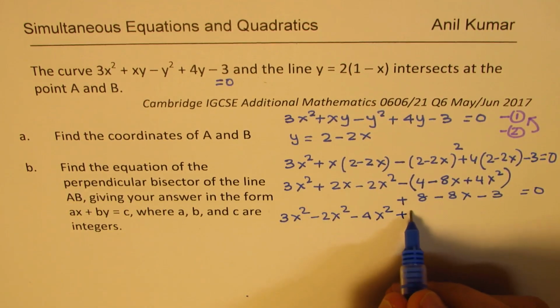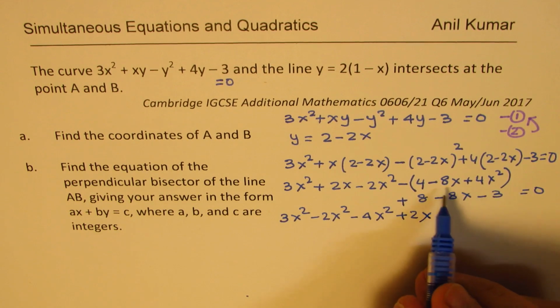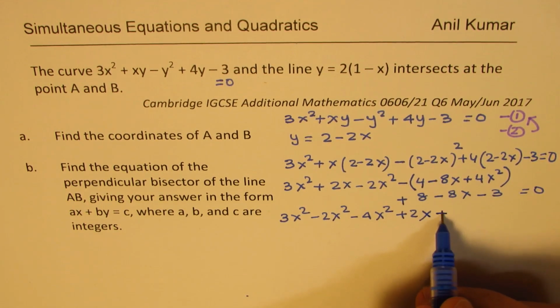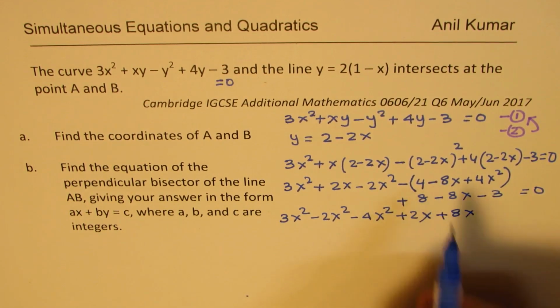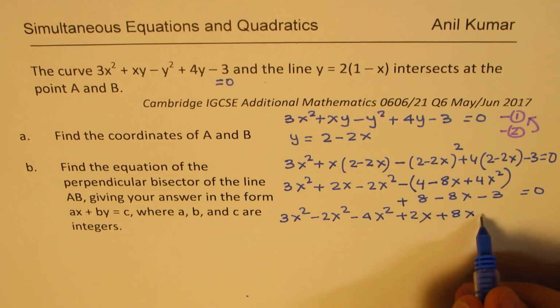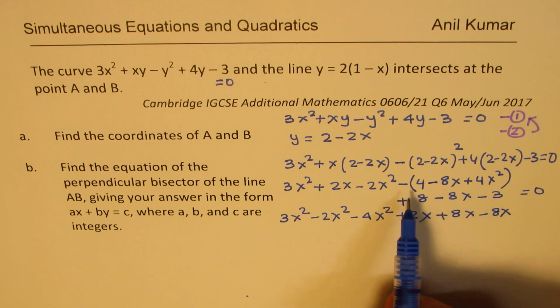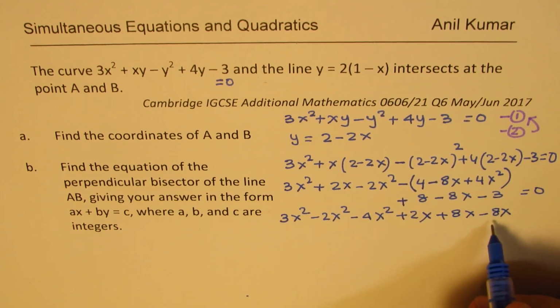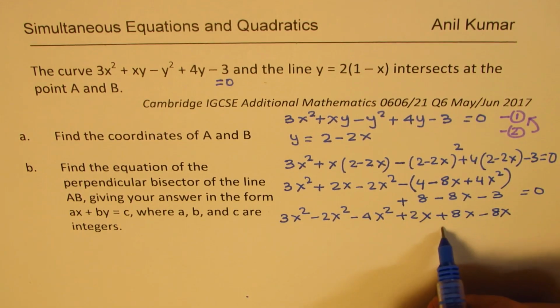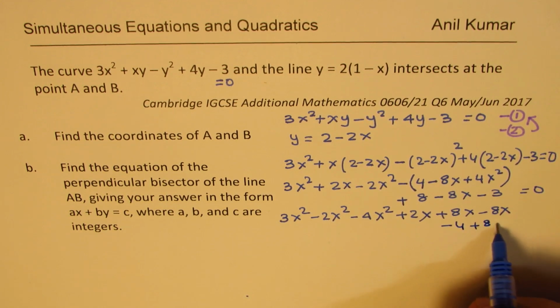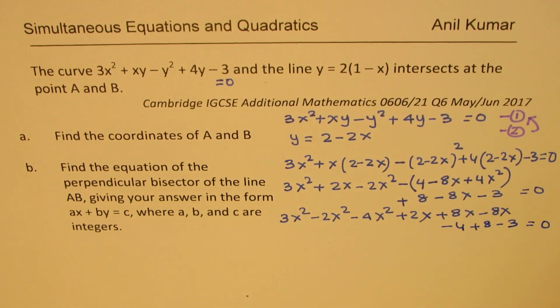We have plus 2x, so I'm collecting the like terms, that's the whole idea. Minus minus becomes plus 8x, and here we have minus 8x. As far as the numbers are concerned, we have minus 4 plus 8 minus 3 equals 0. Perfect.